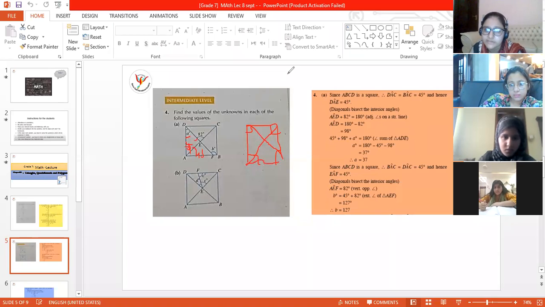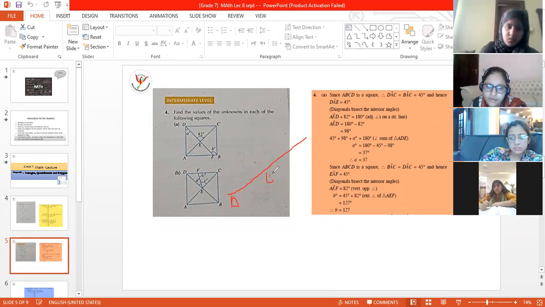Now come towards another concept, which is a straight line. If I am saying A, E, and C is a straight line, yes, Zaina? Ma'am, shouldn't A also be 45 degrees, because at the D point the line is cutting from the middle?